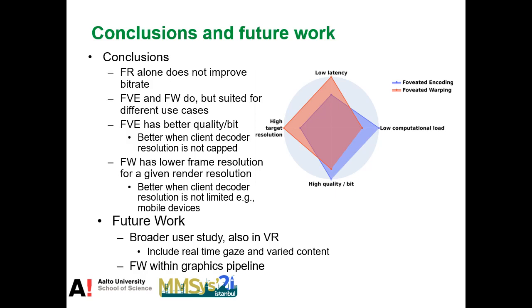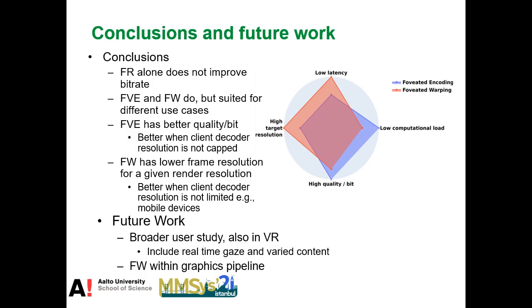Foveated video encoding has better quality per bit, as evidenced by higher FSSIM and DMOS scores, while foveated warping has lower latency for a particular render resolution, both in encoding and decoding, and thus would result in a lower end-to-end latency.